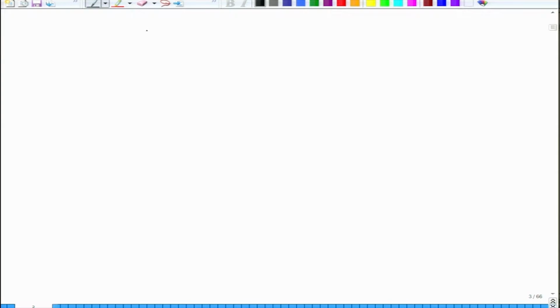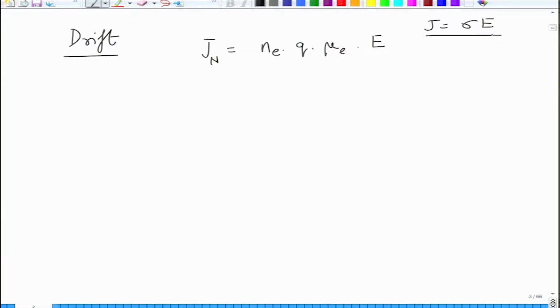As we saw, the drift current Jn is equal to Ne Q mu E into E, because J we know is equal to sigma E according to Ohm's law.